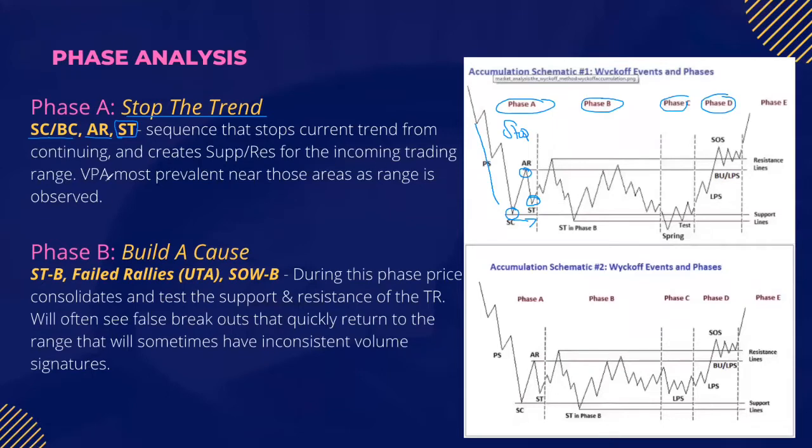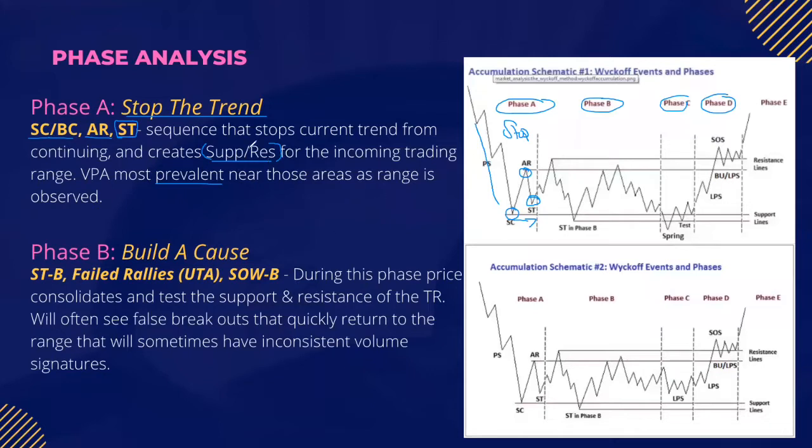range. Volume price analysis is most prevalent near those areas, the support and resistance, as the range is observed, right? So again, the third law of effort versus result is most prevalent near support and resistance, right?